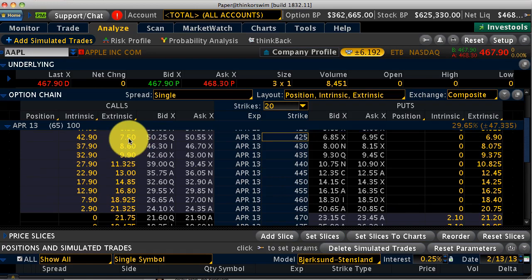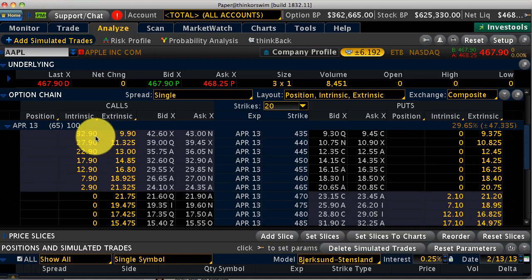Now, time decay will only impact extrinsic value, and you will learn more about time decay and how it affects extrinsic value in the course on time decay. But for now, if you just consider it a fact that time decay only impacts the extrinsic value, then it's only a portion of this extrinsic value that's going to get destroyed on a daily basis.